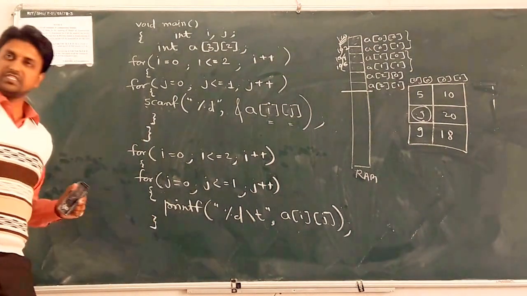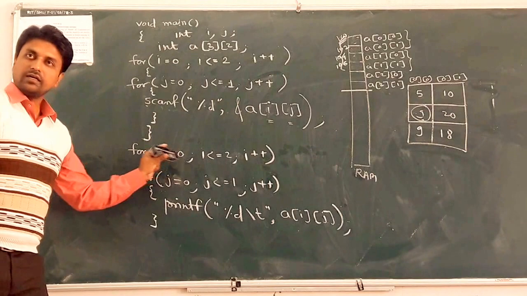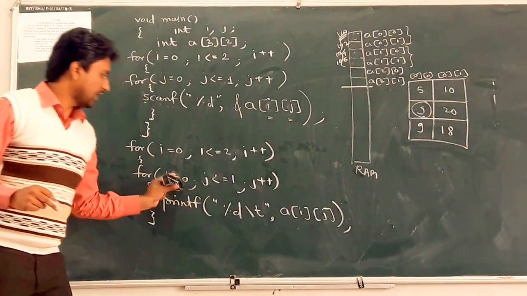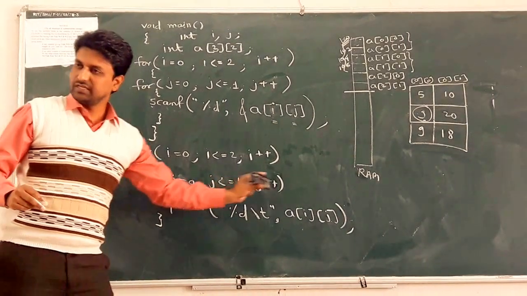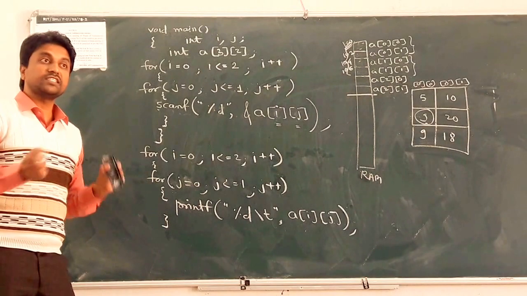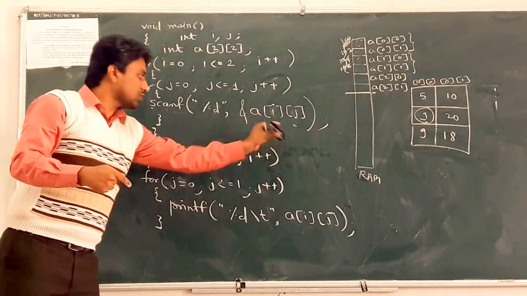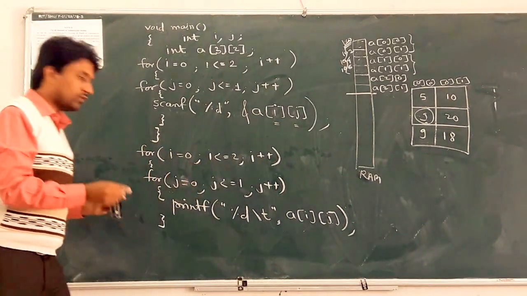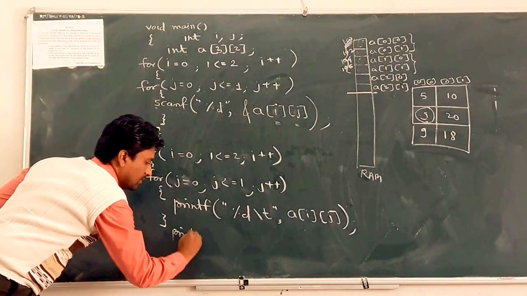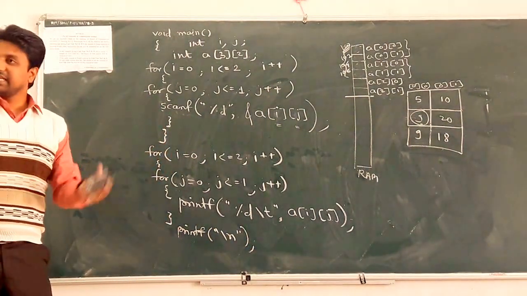Then the first for loop is completed. For the first iteration, i is equal to 0, and j from 0 to 1 is executed. After that, the inner for loop is completed, which means one row is printed. After that, the second row is printed. For that, we have to use printf \n for the next line.